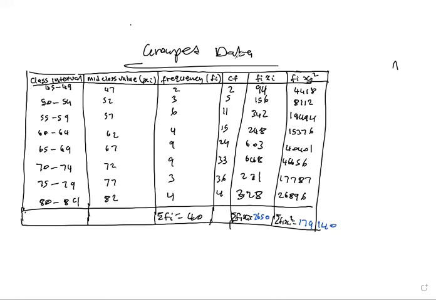So after filling in the table, now you can answer the questions that have been asked. Find A, the mean. On B, let's have the median class interval.